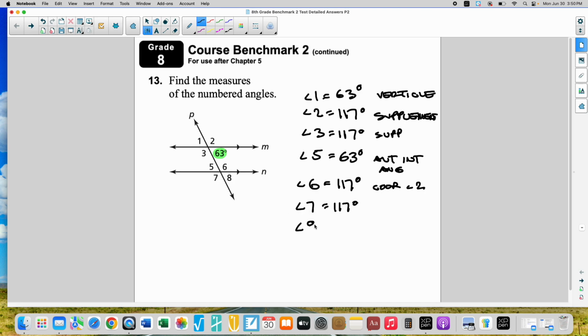And angle 8, we'll say it's 63 degrees because it corresponds with the 63, and that's vertical. Oftentimes they ask you why you're coming up with these values, so it's important to know vertical, supplementary, alternate interior, and corresponding.